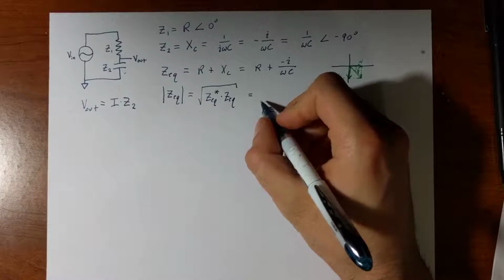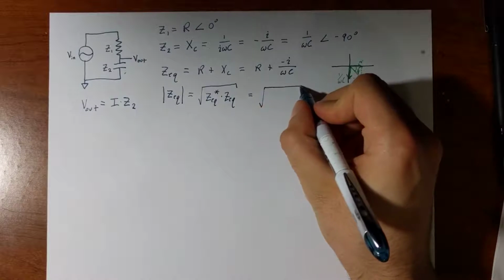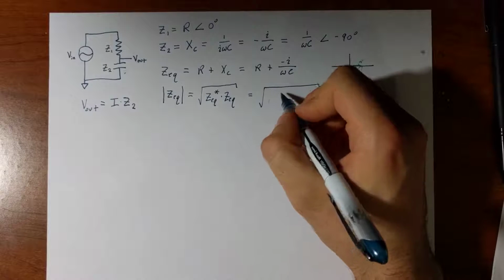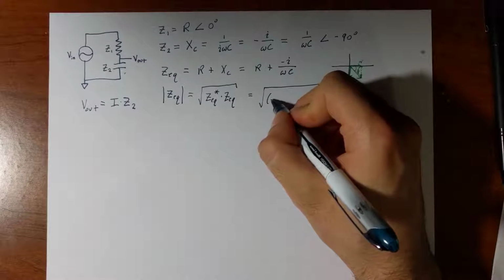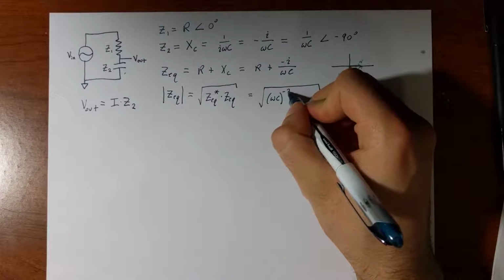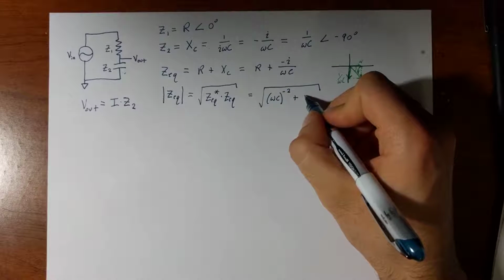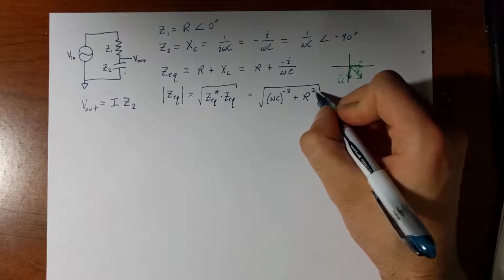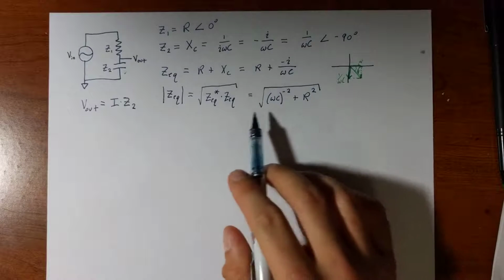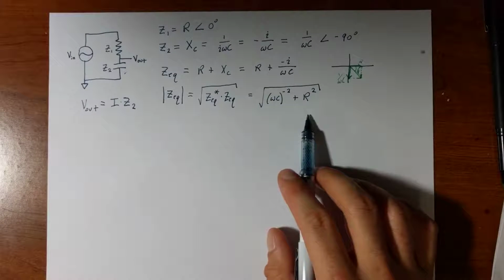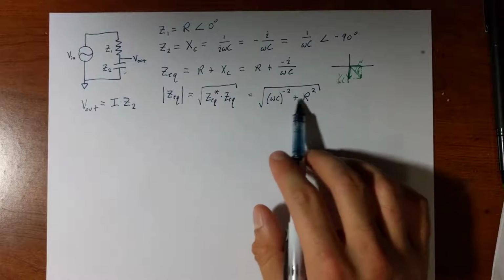And so that gets me the square root of omega c to the negative 2, because it's that 1 over, plus r squared. So here I have the magnitude, and I just kind of flip them around here.